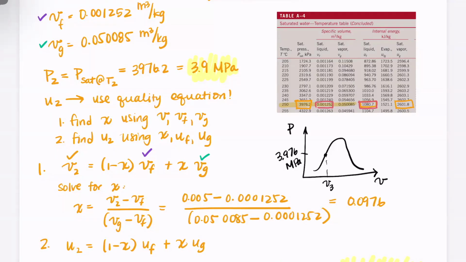So we're right here. And our actual pressure is 4 MPa, right? So that means we're going up right here, so we're in the compressed liquid. We're on this side. Does that make sense? Thank you. Yeah, sure.